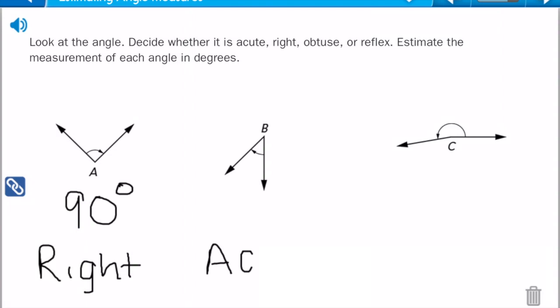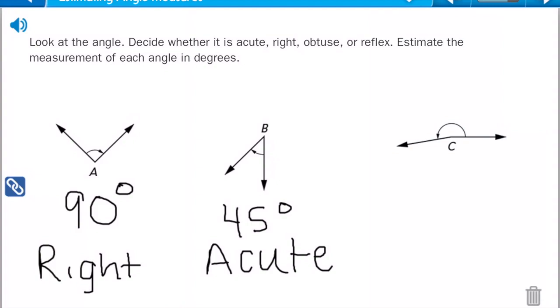In my head, I'm going to say that this is about half the size of this angle right here. So I'm going to say that it's 45 degrees. But anything reasonable works, as long as you believe that it's under 90, then it's acute.